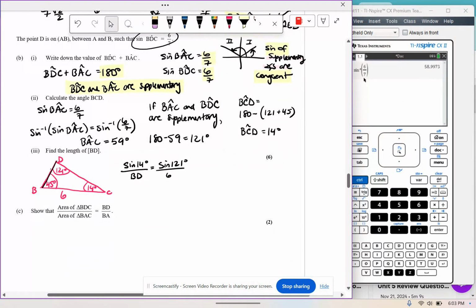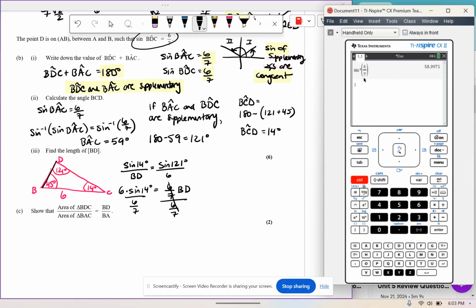That's a little less work. So that's going to be the sine of 14 degrees times 6 is equal to 6 over 7 times BD. I still have to type this in my calculator, but it's kind of exciting. So I'm going to do divided by 6 over 7, and I'll type that whole left side in now.